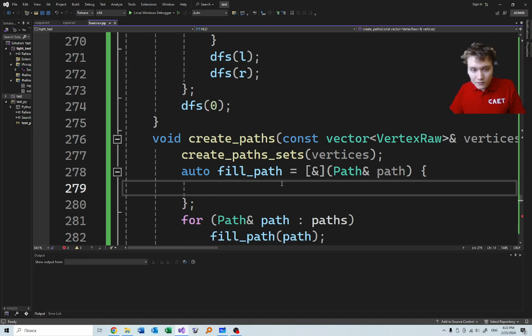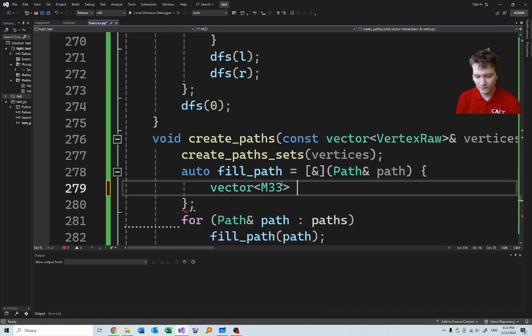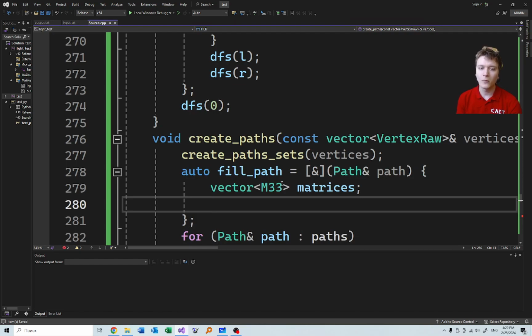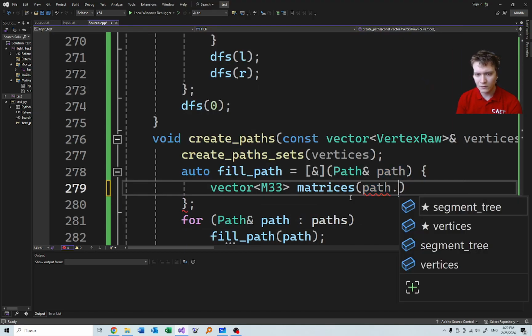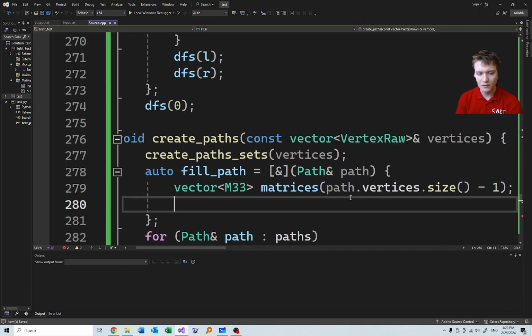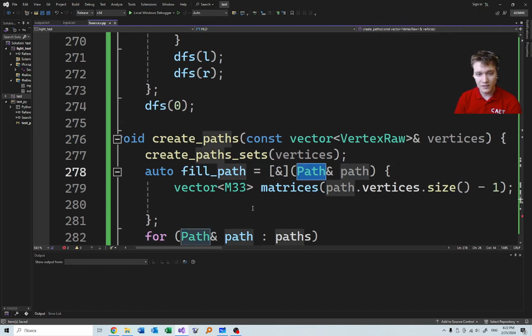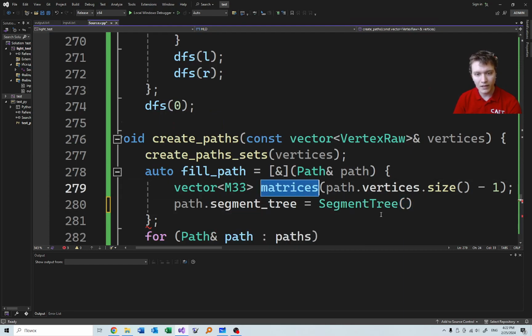To do that, we need to first of all make a vector of matrices. We will fill this vector. It actually will be of size path dot vertices dot size -1, and then we will say that path dot segment tree equals segment tree of matrices.